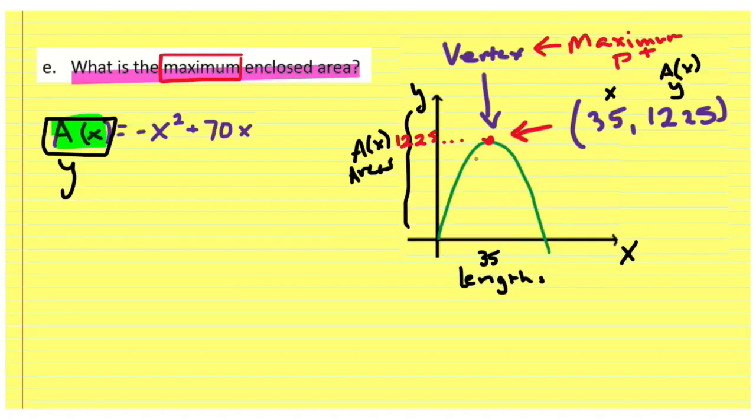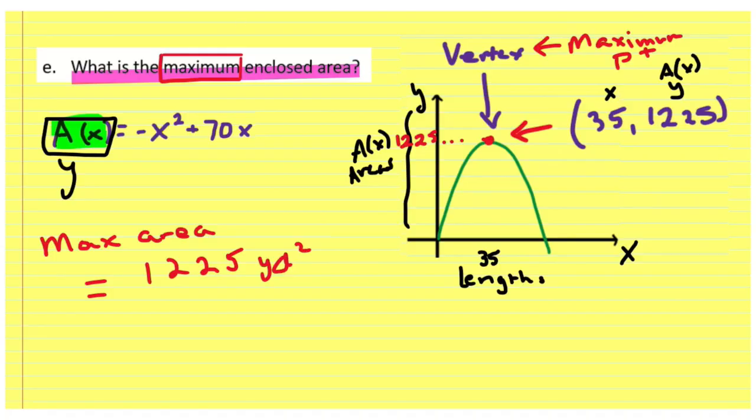That is the maximum area at that maximum point at the vertex. So the maximum enclosed area for our rectangular shaped garden area is going to be equal to 1,225 square yards.